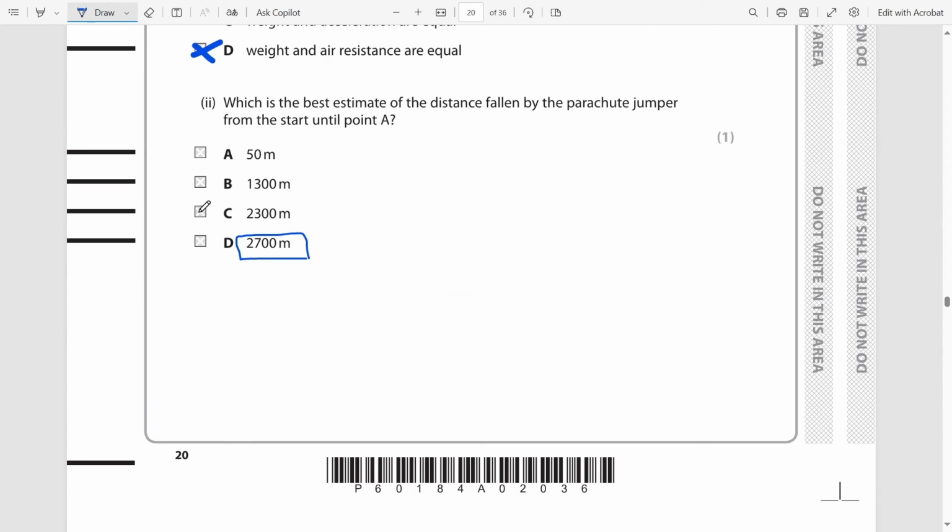So we're going to guess this one, because it's less than 2,700, but it's also closer to 2,700. So it's the closest answer. Yeah, okay.